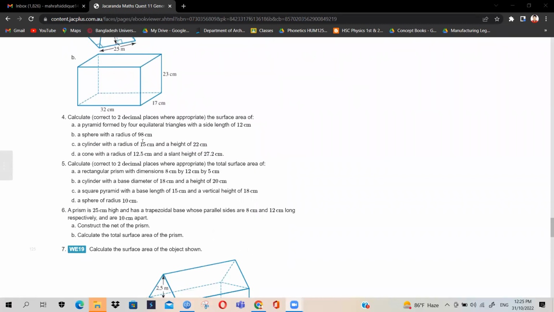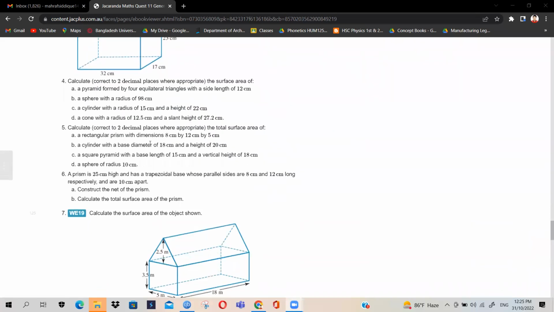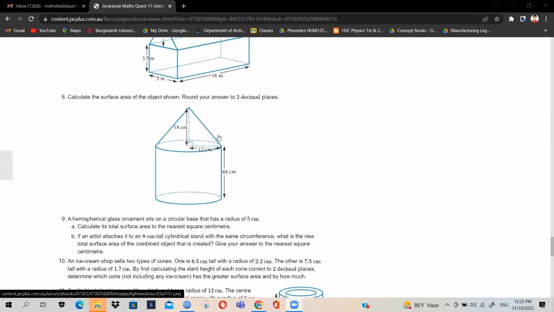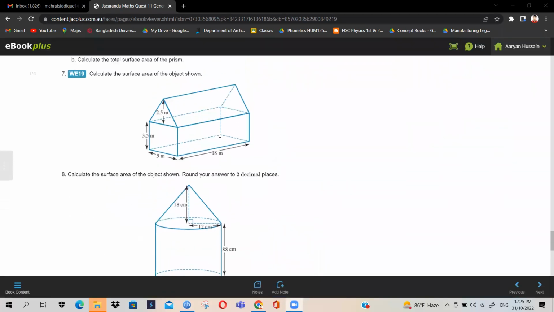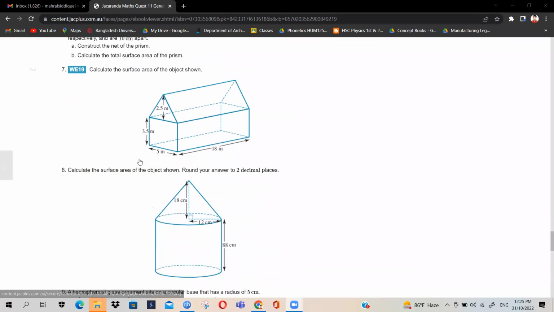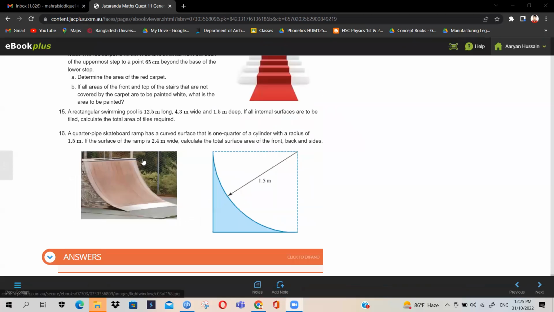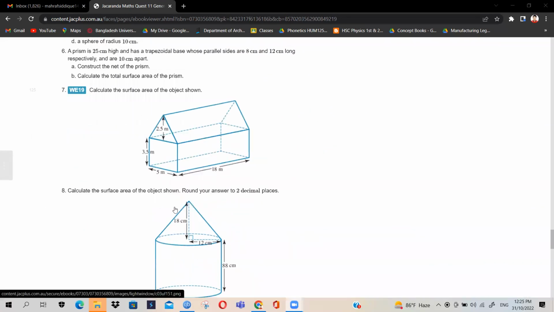It is almost similar to the previous chapter. In the previous chapter we calculated the volumes, and the same maths are given here. You just have to calculate the area. So try to complete up until 8, and from 9 I will show you the next day, inshallah. So up until 8 and the previous one that I have already shown.